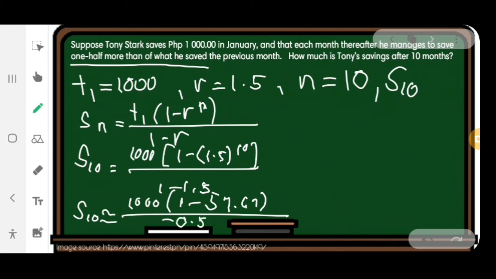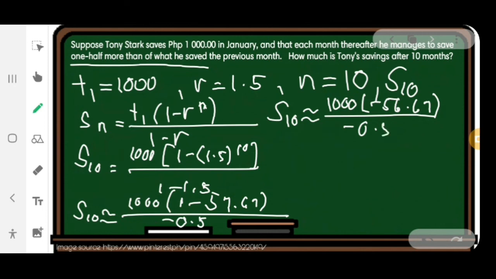Take note, I did not use the equal sign but the approximately equal to sign because I already rounded off the answer of 1.5 raised to 10. And then let us simplify. So S sub 10 is approximately equal to 1,000 times 1 minus 57.67, which is negative 56.67, divided by negative 0.5.